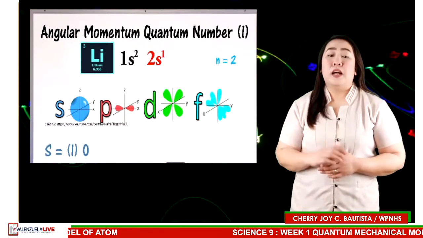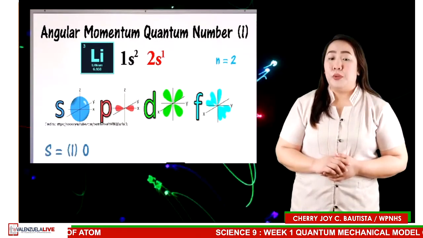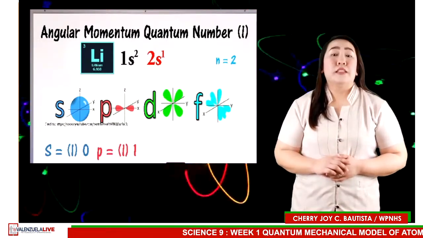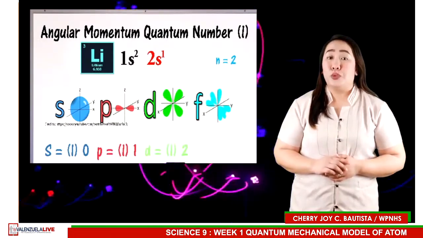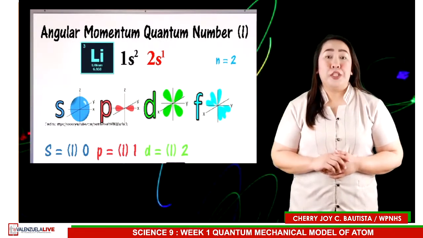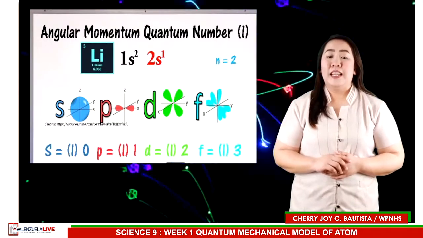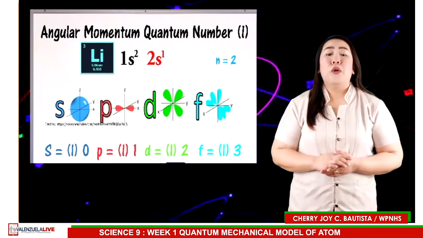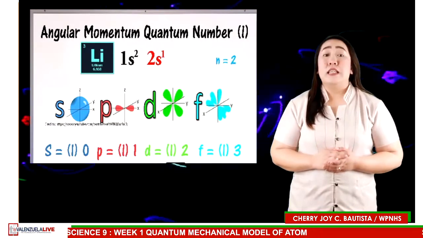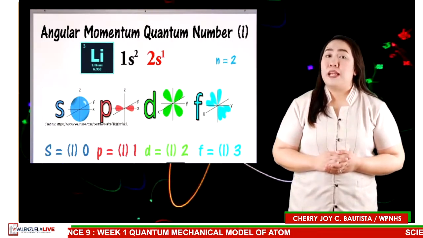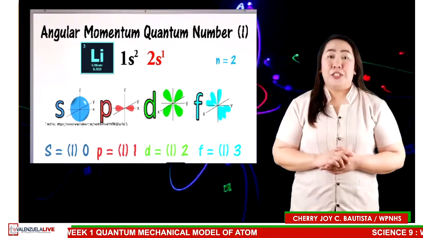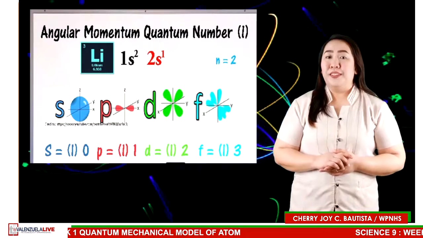For p orbitals, the l value is 1. For d orbitals, the l value is 2. For f orbitals, the l value is 3. In our example, we are looking at the s orbital, specifically the 2s orbital. That means that the l value is 0.